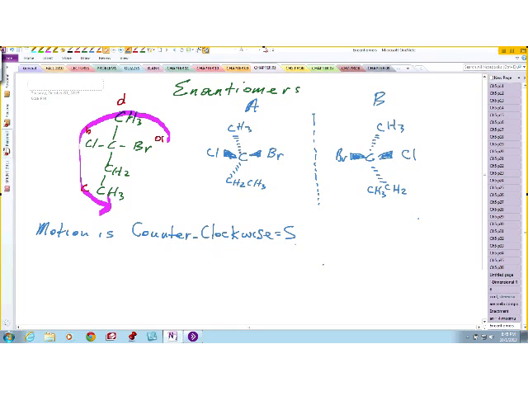So therefore, let us now name this compound, compound A. Okay? We determined that the absolute configuration of this carbon here is S. So how do we now name compound A?